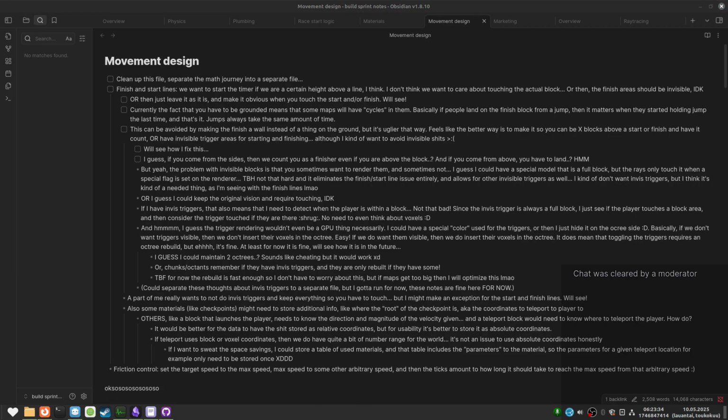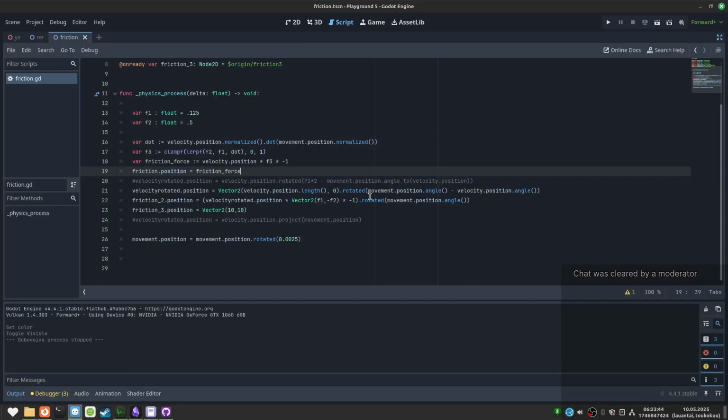What did I write in brain dump about this? Oh yeah, what I wrote was basically to do the Godot thing that I was doing, and just visualize the vectors. And yeah, it is different. And I think it's more correct.